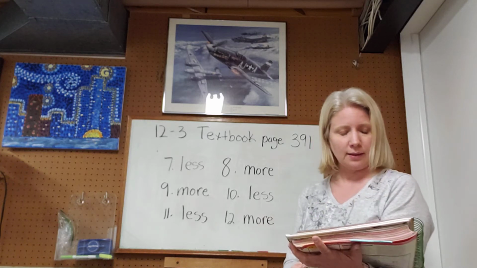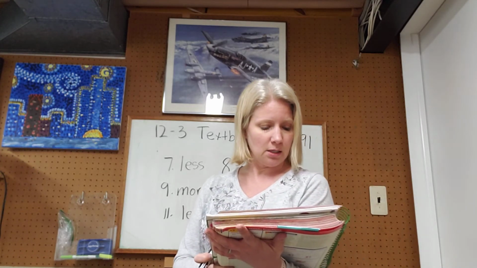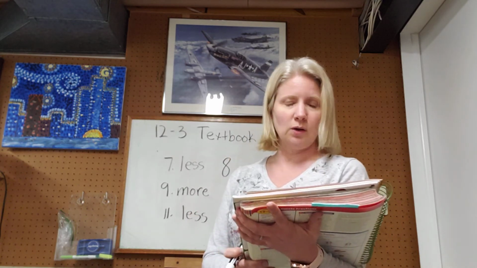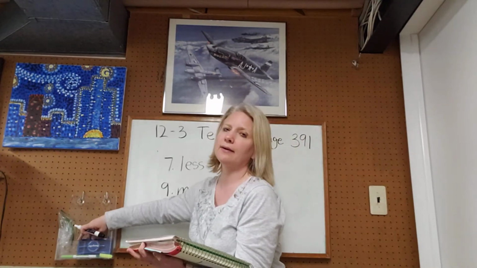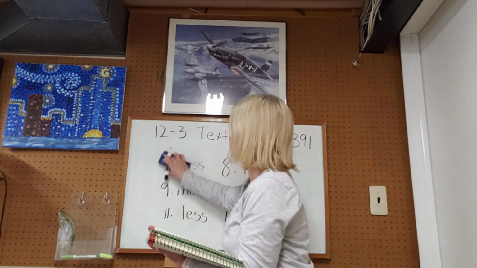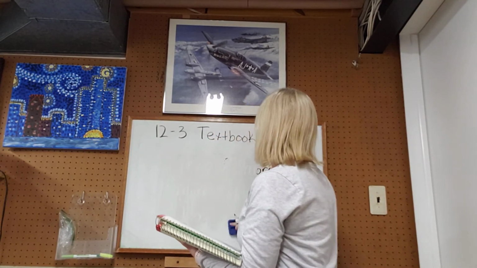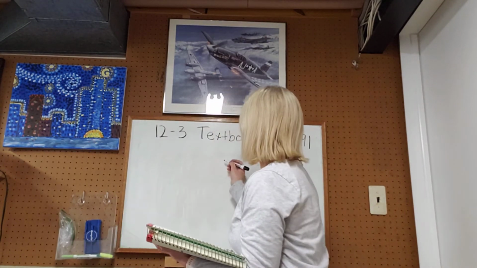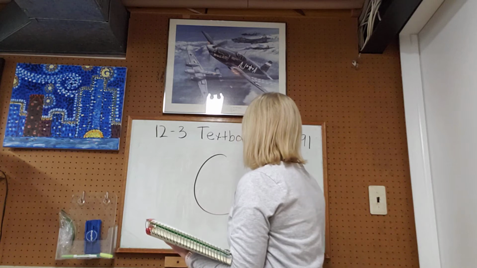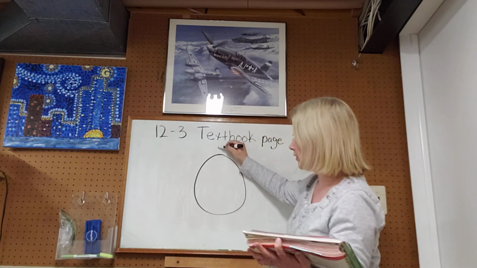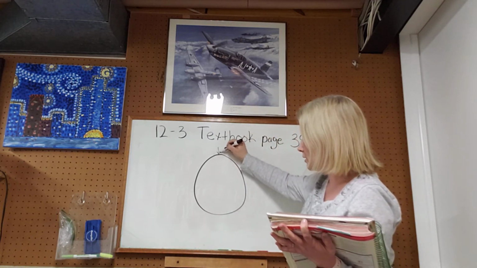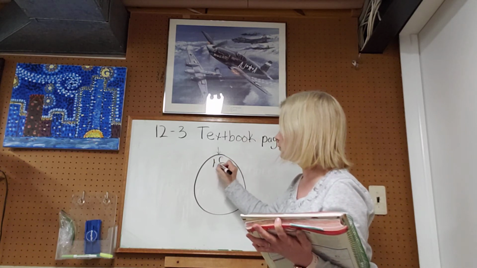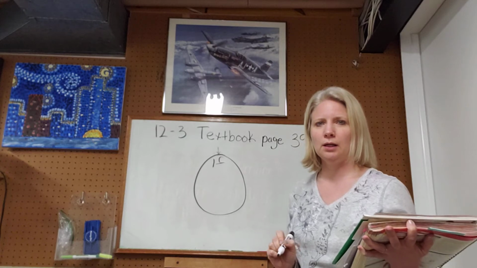If you go on to look at the clocks, let's look at number 13. Estimate the time. Let me draw a clock really quick. So here's our clock. If you're all the way up here, that's the 12. That's the 12 o'clock.